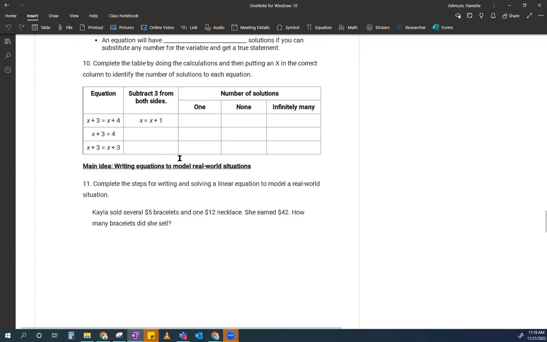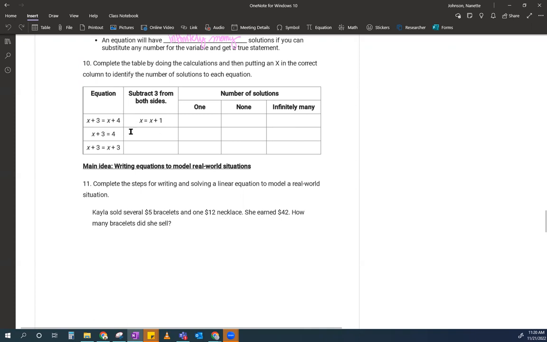Okay, so here's some examples really quick. Here's an equation, x plus 3 equals x plus 4. If we subtract 3 from both sides, we get x is equal to x plus 1.